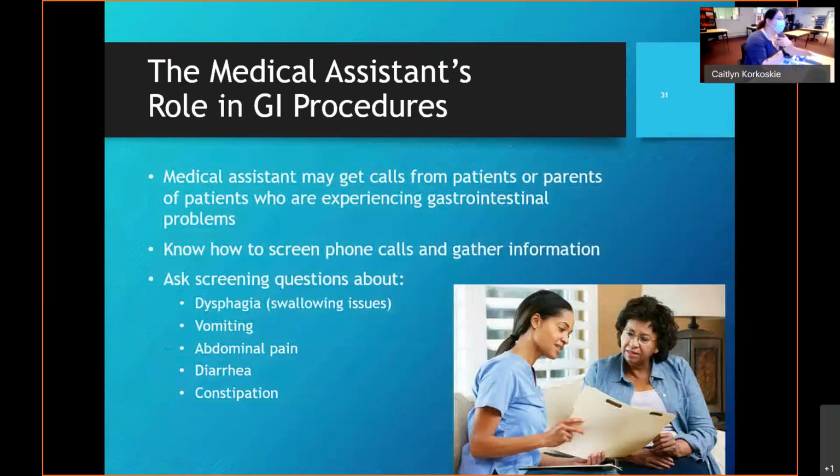If they're having upper left abdominal pain, they might have gallstones. Lower right is where your appendix is. Upper left is where your liver and gallbladder are.